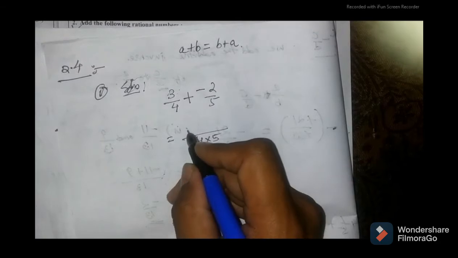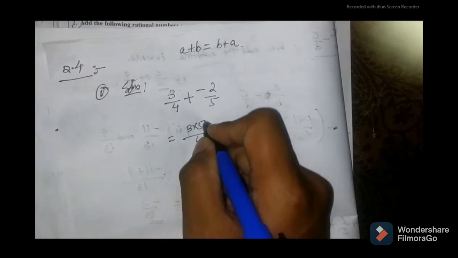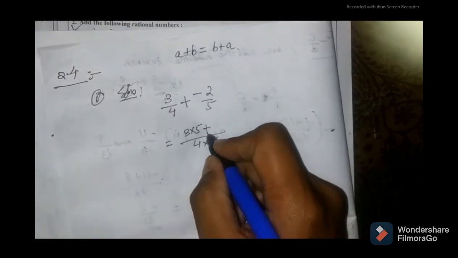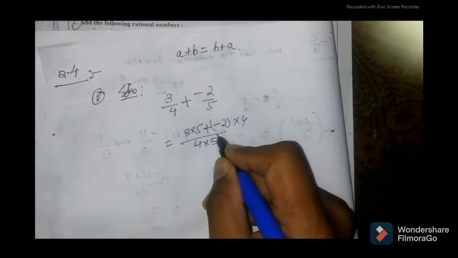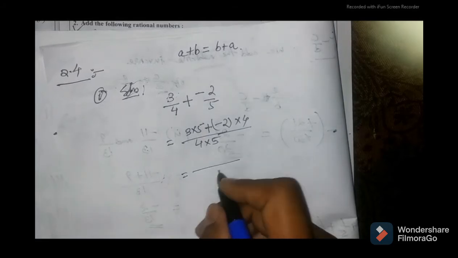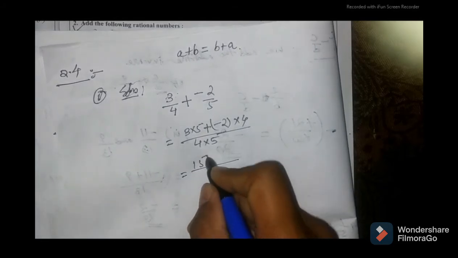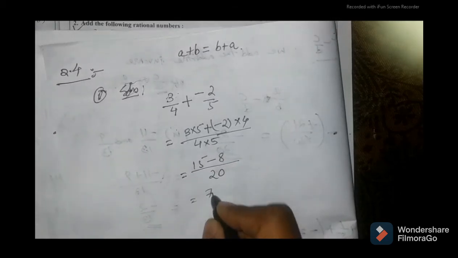So here we can write 3 into 5 plus minus 2 into 4, which is 15 minus 8, 7 by 20.